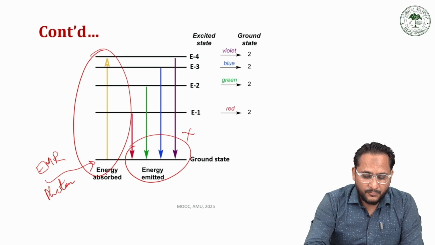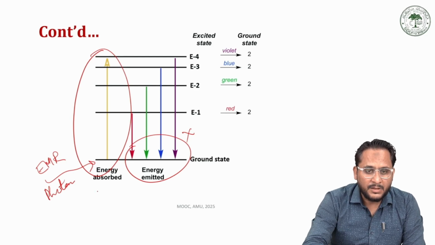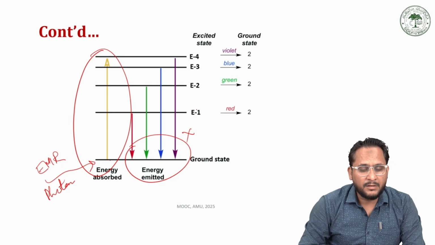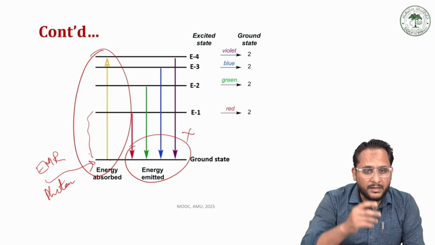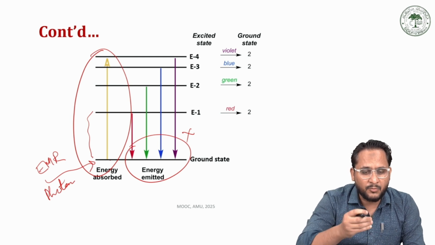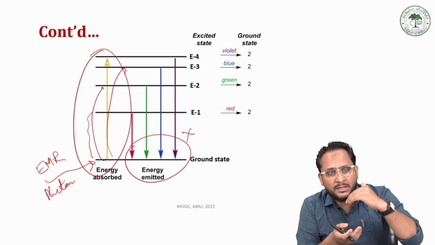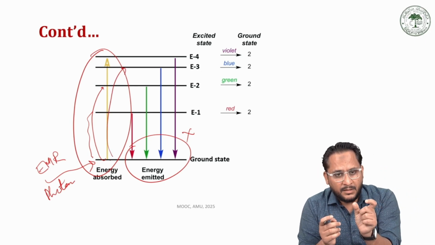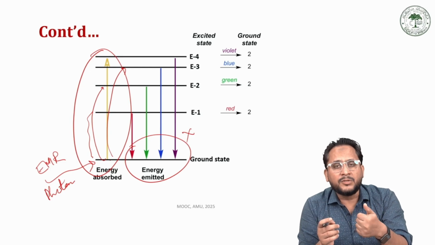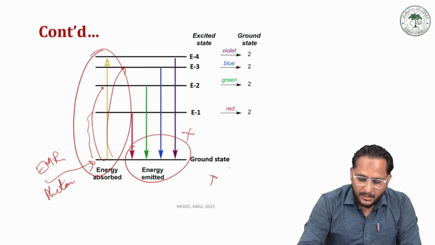So now in this figure, you can see when electrons are excited from E naught to E1, since these two energy levels are close, the energy requirement for this is also low. As electrons are promoted from the ground level to the E2 level or to the E3 level, since the energy gap is high, the light radiation absorbed is of shorter wavelength, because energy is inversely proportional to wavelength, or I should say, because E is hc by lambda.